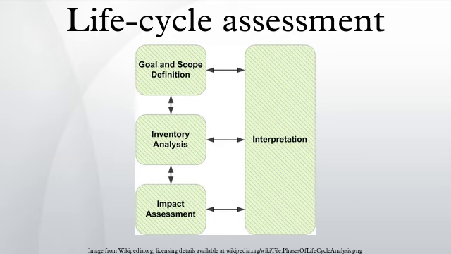According to ISO 14040-2006, the interpretation should include identification of significant issues based on the results of the LCI and LCIA phases of an LCA, evaluation of the study considering completeness, sensitivity and consistency checks, and conclusions, limitations and recommendations.